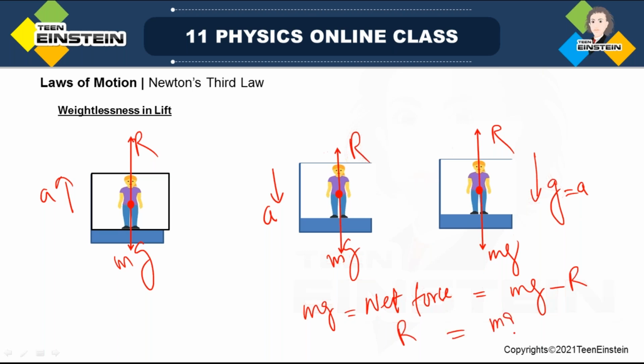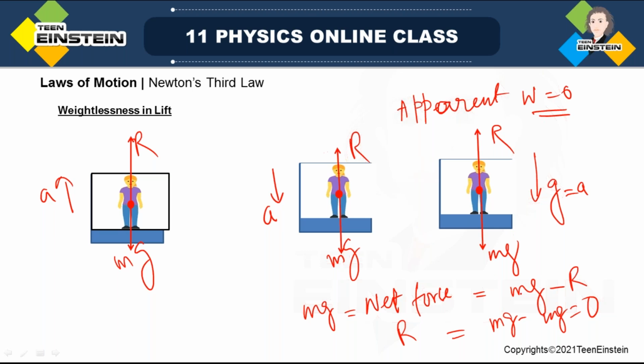So what will this be? mg minus mg. So the normal reaction given by the spring balance on us is 0. That means apparent weight is 0.